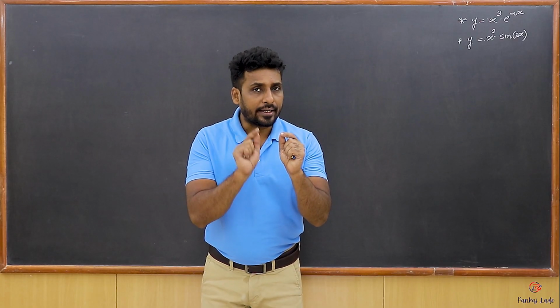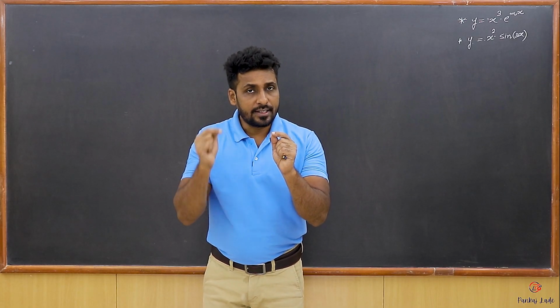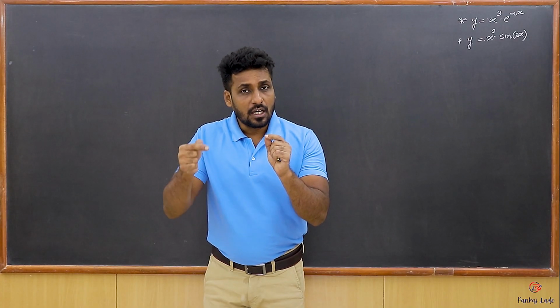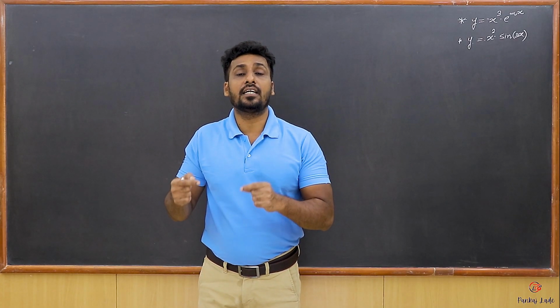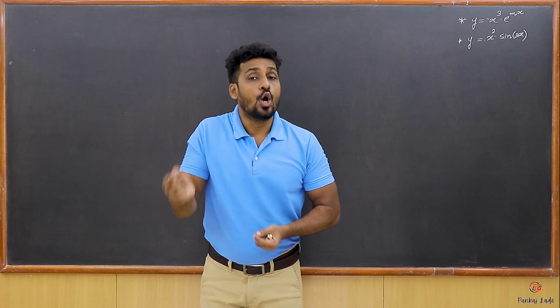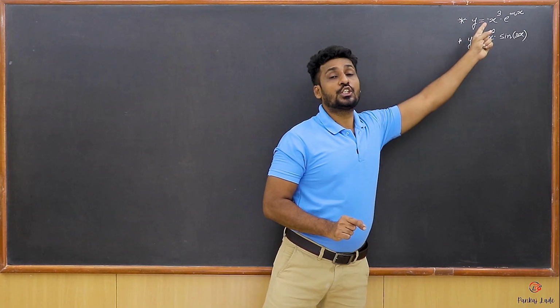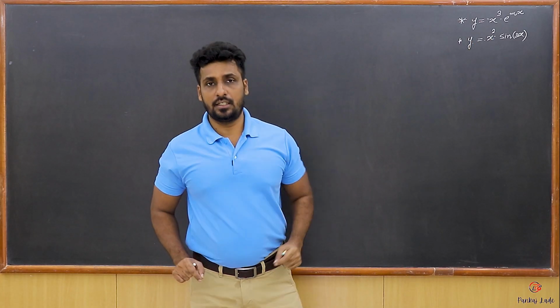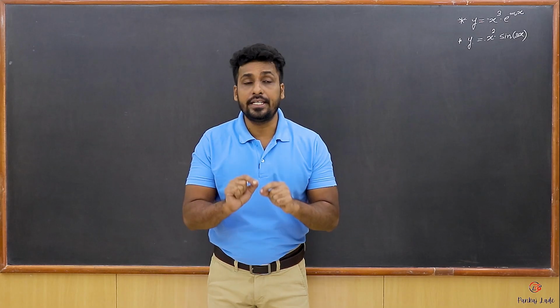X cube, you started the derivative. The first derivative came 3x square. The next derivative came 6x. The next derivative came 6 and the last derivative, as I said, the derivative of 6 is going to be 0. So are you observing that the derivative of x cube is vanishing? That means x cube will be taken as v.